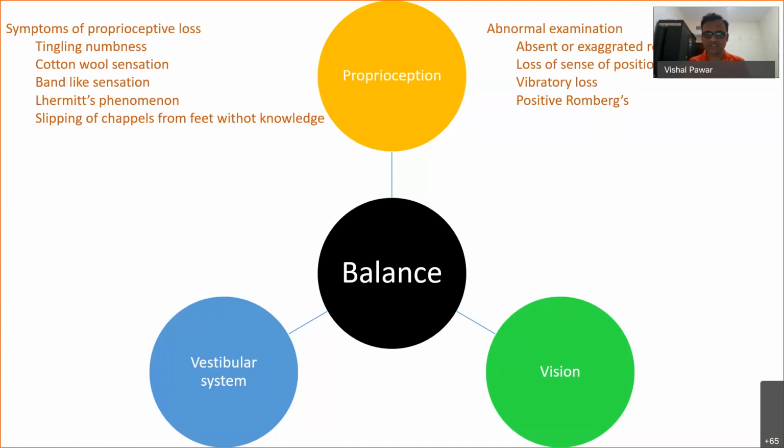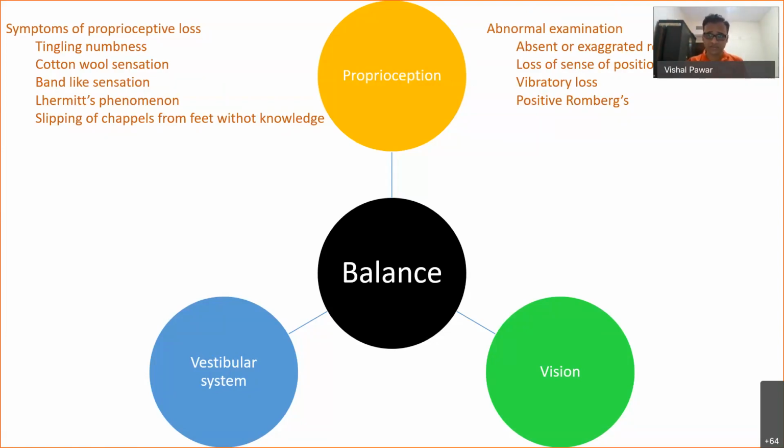In patients with proprioceptive loss, patients will have absent or exaggerated reflexes. If the reflexes are absent, then proprioceptive loss is due to neuropathy. If reflexes are exaggerated, the proprioceptive loss is due to myelopathy. Then the patient will have loss of sense of position and vibratory sensation.